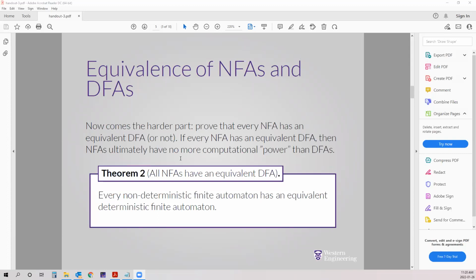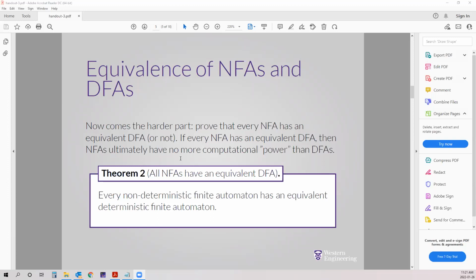If every NFA has an equivalent DFA, then NFAs ultimately have no more computational power than DFAs. We proved that each DFA has an equivalent NFA, or a DFA is an NFA without using the two properties, which are the epsilon transition and the multiple transition.